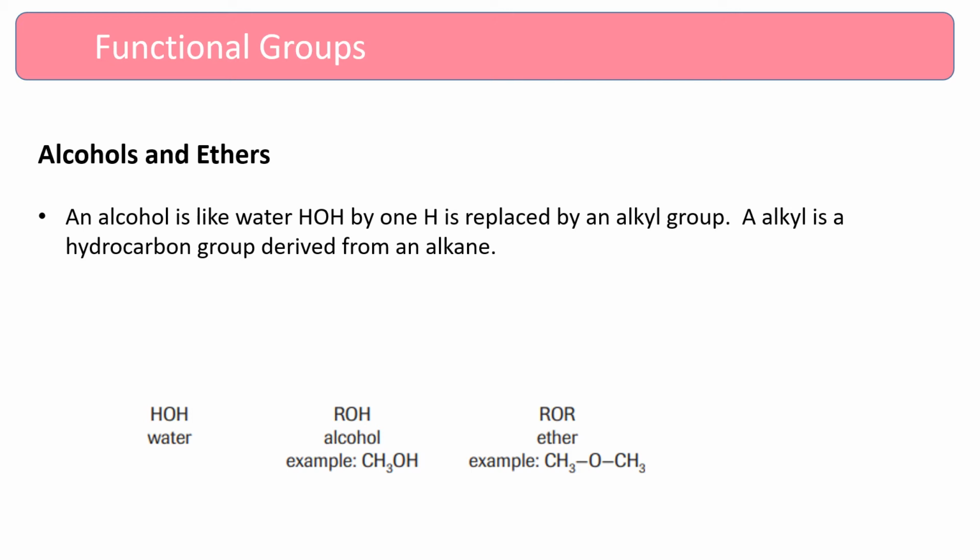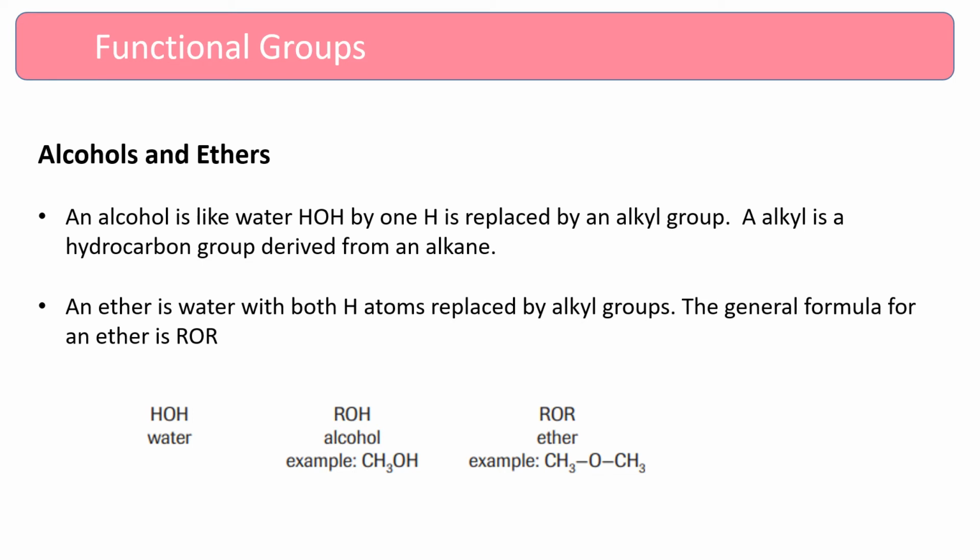Now, we've shown you that an alcohol is like water, HOH, but one H is replaced by the alkyl group. An alkyl group is a hydrocarbon group derived from the alkane. And we can see that ether is water with both H atoms replaced. So we have ROR, and that's the general formula.